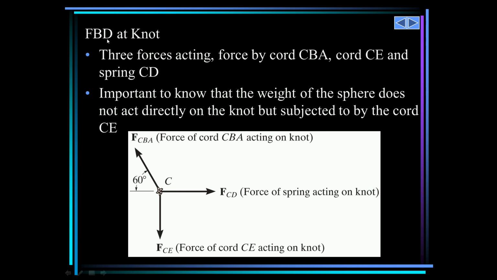In the FBD of the knot, there are three forces acting: cord CBA here, cord CE here, and spring CD. So all the forces are acting away from the C point. It is important to know that the weight of the sphere does not act directly on the knot, but is transmitted by the cord CE.